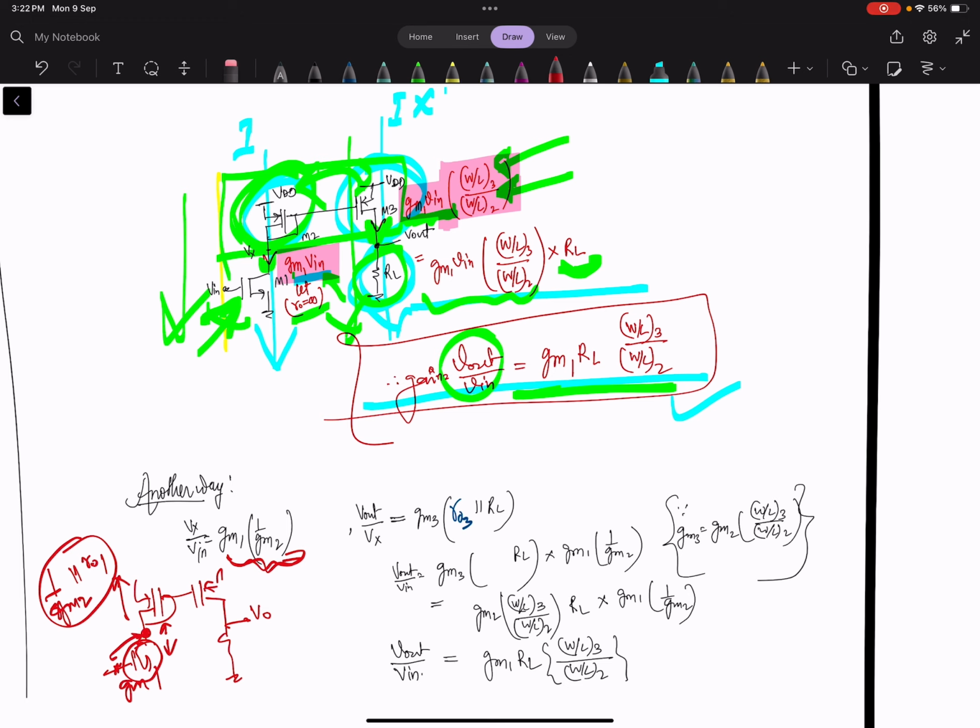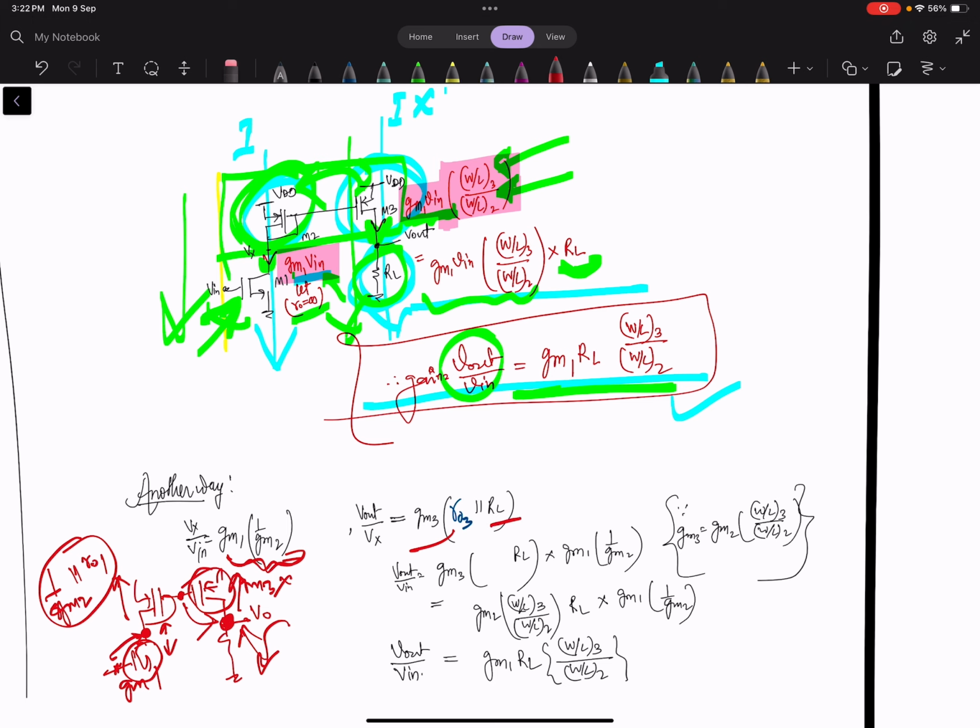Now the gain from here to here is gm3 multiplied by the R equivalent seen here. R equivalent seen here is R03 and RL.